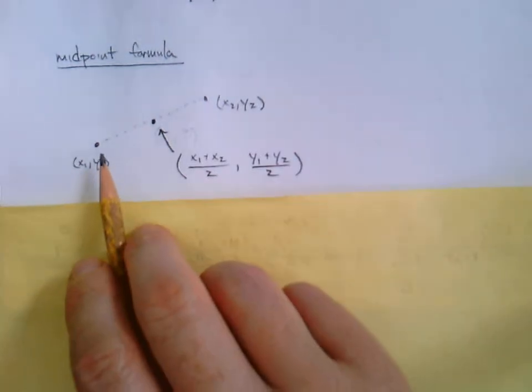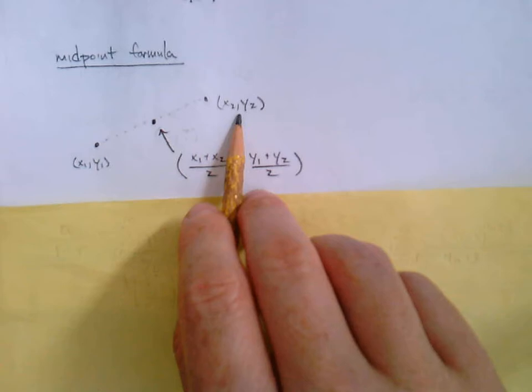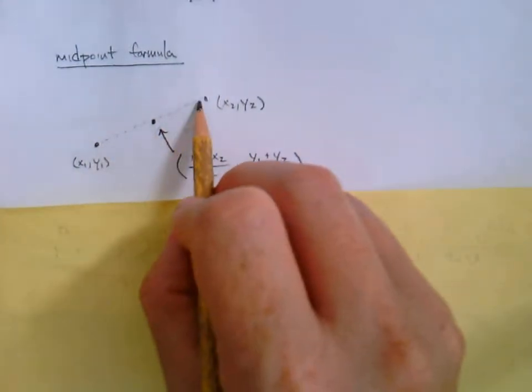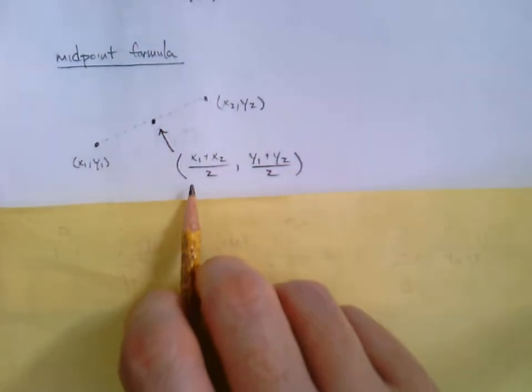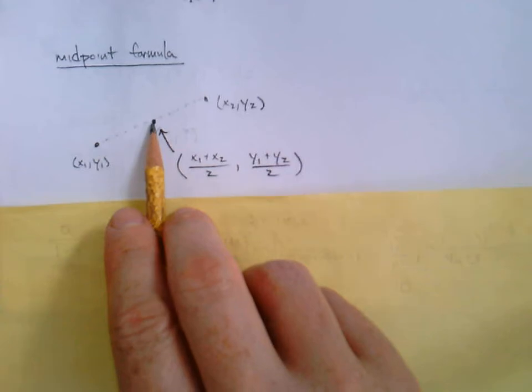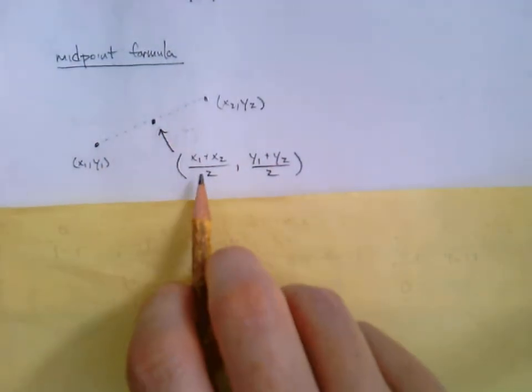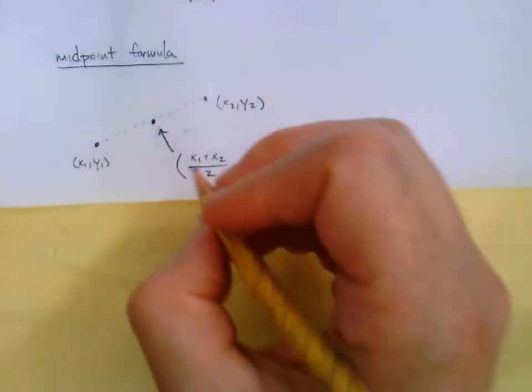Again, imagine 2 points, x1, y1, x2, y2. So I've got my points there. I want to know the ordered pair which would describe the point right in between. Where is that location right in between? Well, you see the formula for it here.